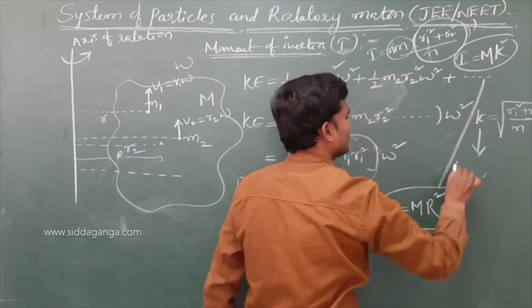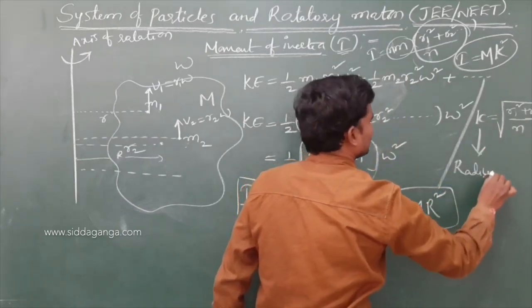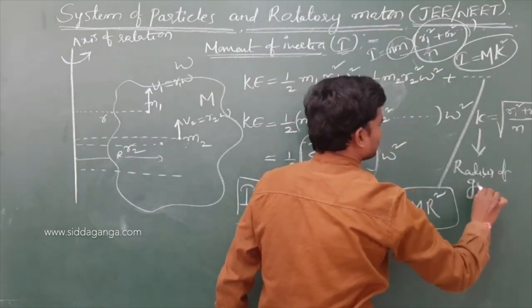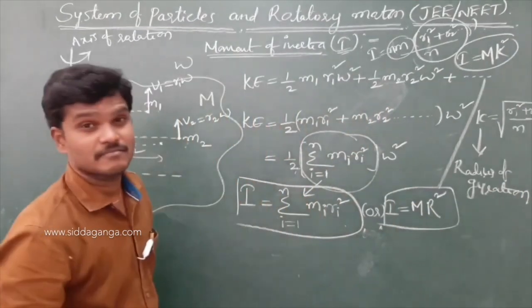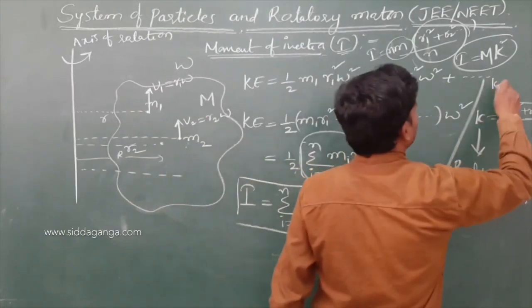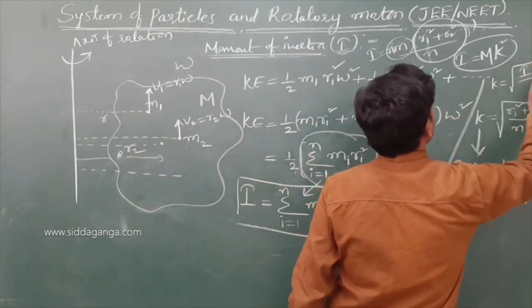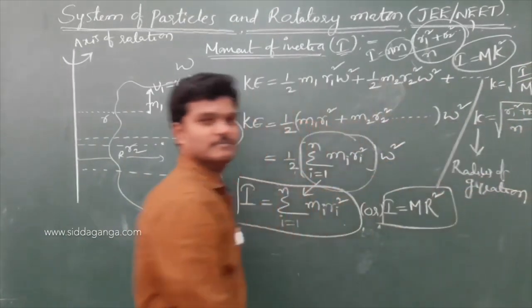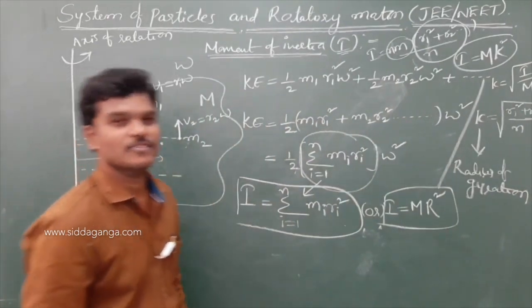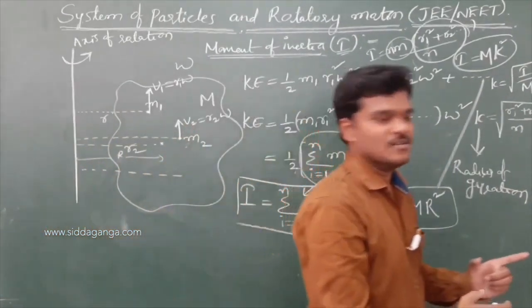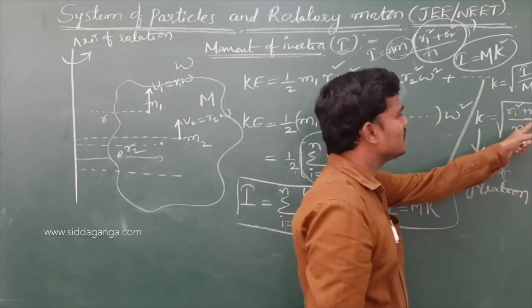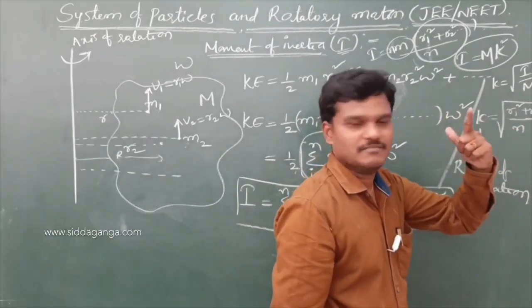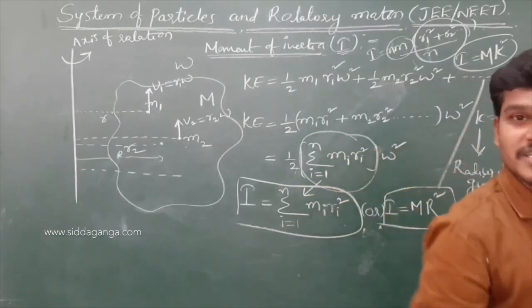We call this k the radius of gyration, and we can write k as the root of I by M. K is the radius of gyration, nothing but a distance. It is the root mean square distance of all the particles from the axis of rotation.